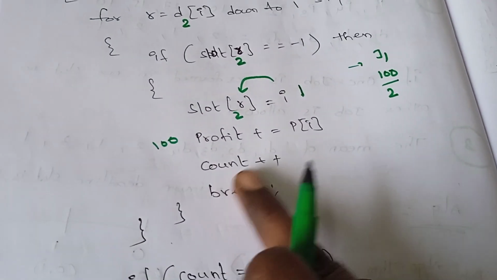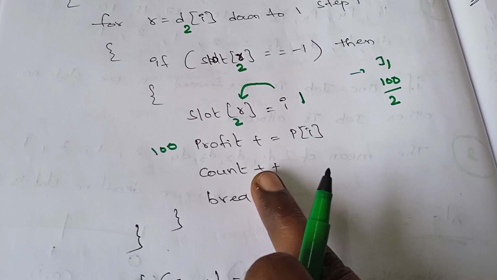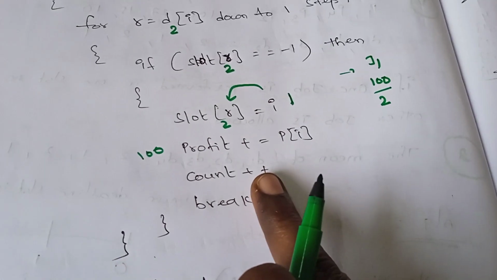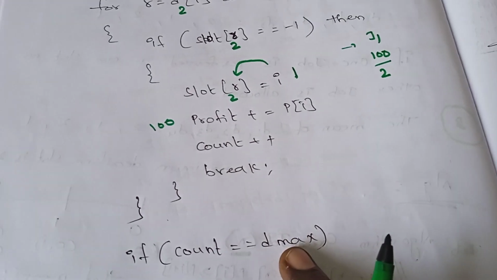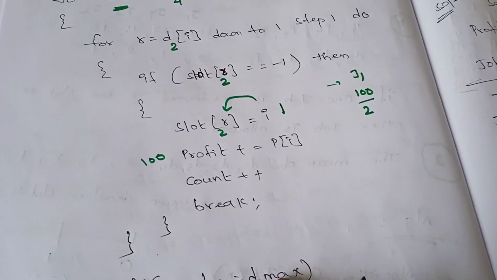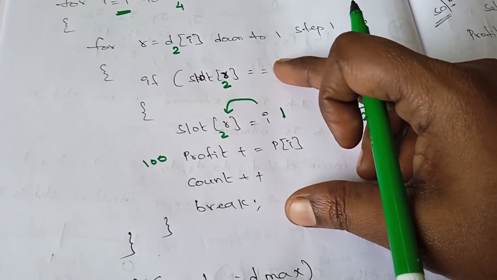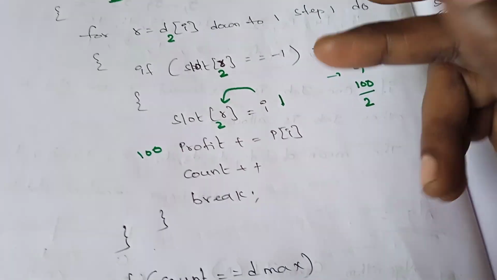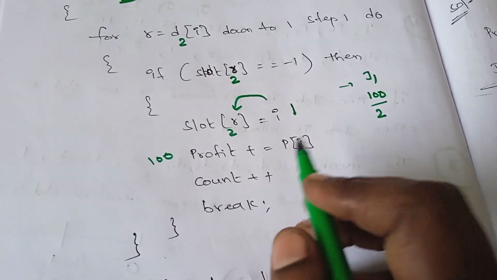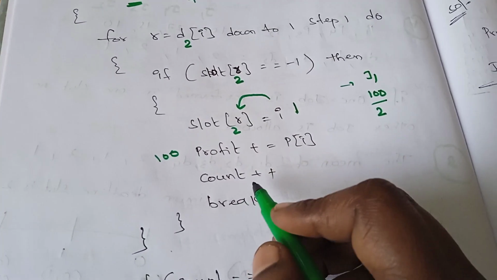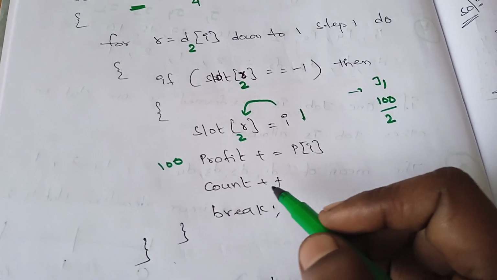Now count plus plus. What this count means? Because your count should not go beyond your D maximum. D maximum is what? 2. So you have to repeat this slot allocation for only 2. So count plus plus. Now again we will be going for break.